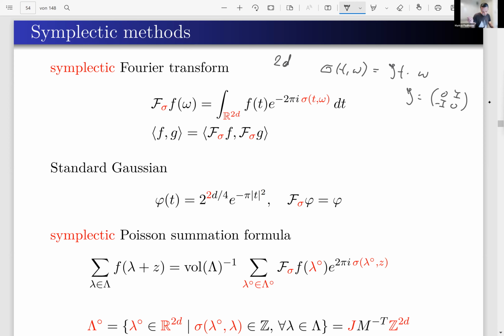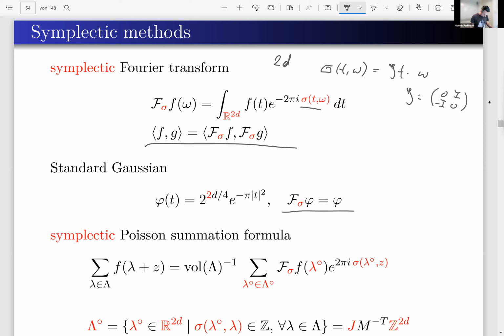Sometimes the minus sign is put on the other block, but it doesn't matter. You get the same group and everything. So you just replace the Euclidean inner product by the skew-symmetric inner product. You still have this Parseval identity. You still have invariance of the Gaussian.